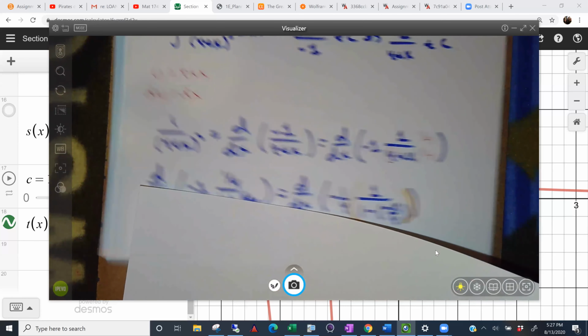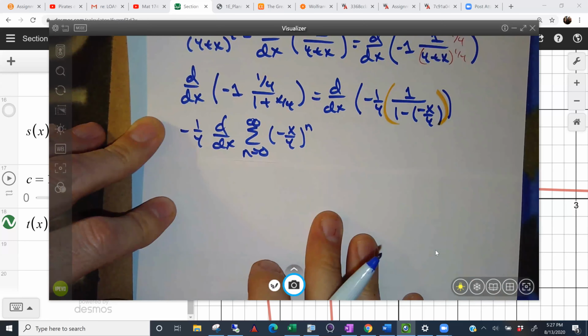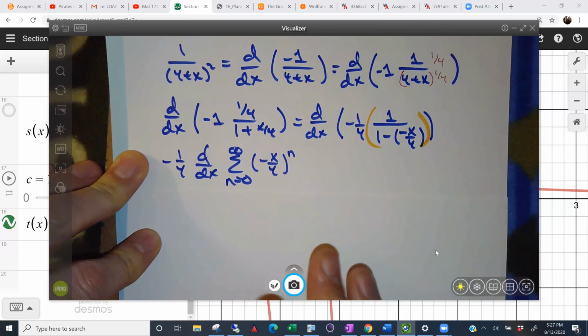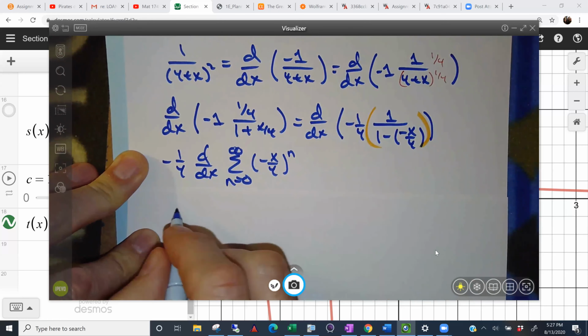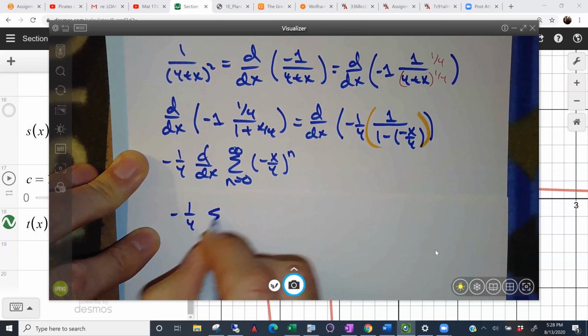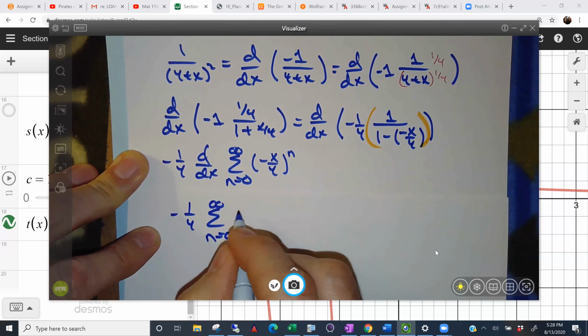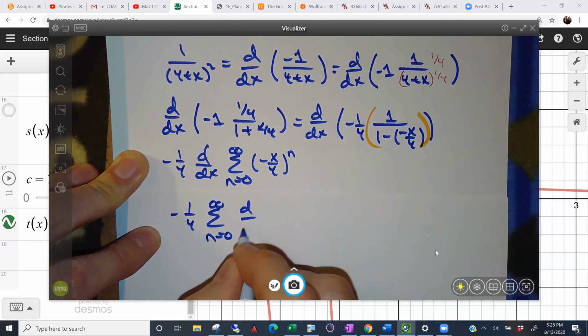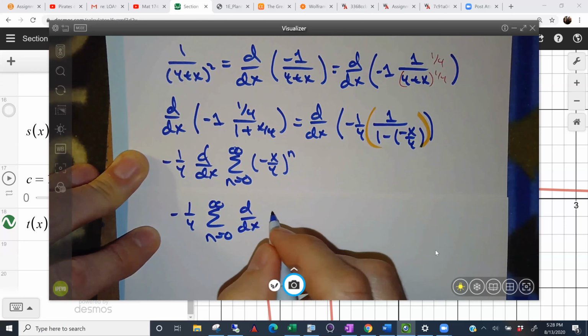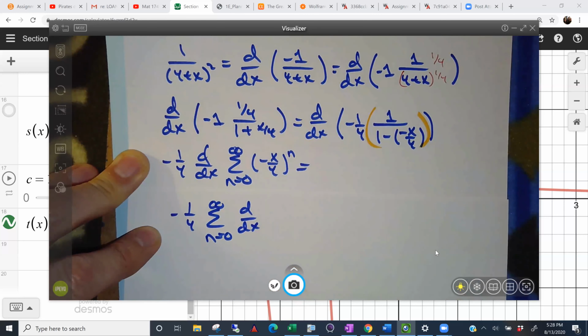So okay, it's going to be negative 1/4 times the sum from n equals 0 to infinity of the derivative of, let's see, let's clean this up a little bit first maybe.